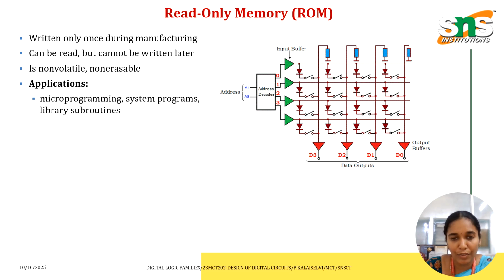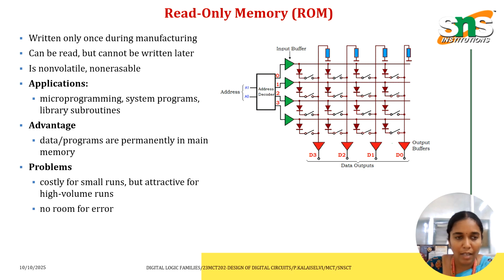Think of it like a lookup table. You give an address and it instantly provides the stored value. In contrast to random access memory, which allows read and write operations, ROM is pre-programmed during manufacturing or later using special equipment.